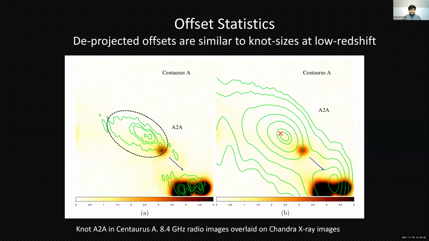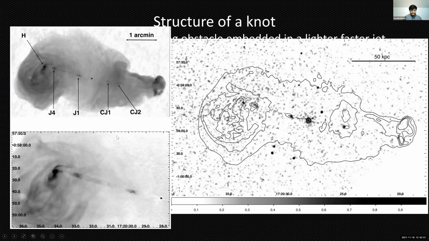So what could possibly be producing this kind of morphology? If we take radio images of jets in general, the brightness profiles of these knots are independent of frequency in the radio wavelengths.